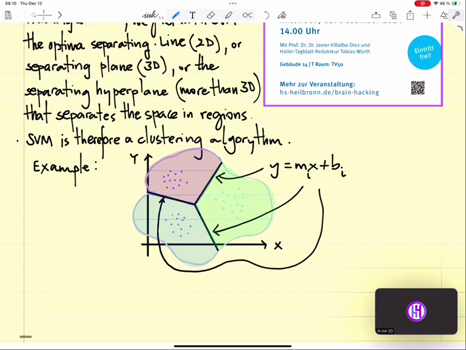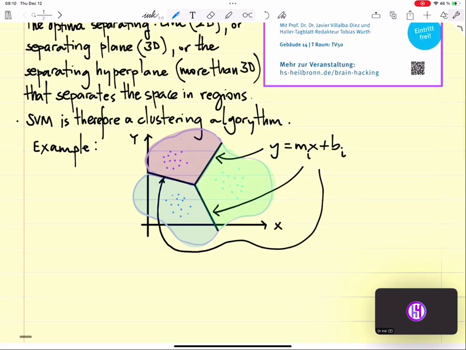Of course, this is just a little example with two dimensions, but you can get like 20 dimensions, and SVM is very effective and very fast, so it can help you cluster customers and a lot of things.